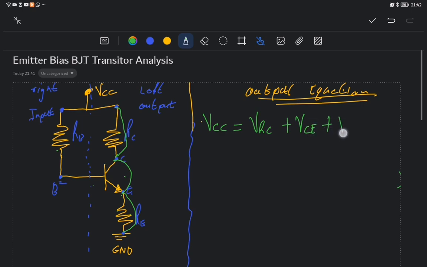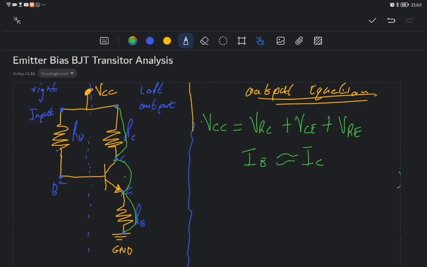Now here is a very, very important section. Before you go further, you have to declare this: IE is approximately equal to IC.